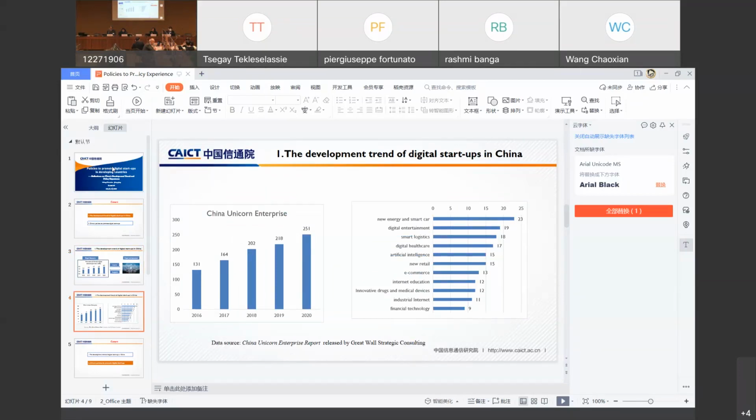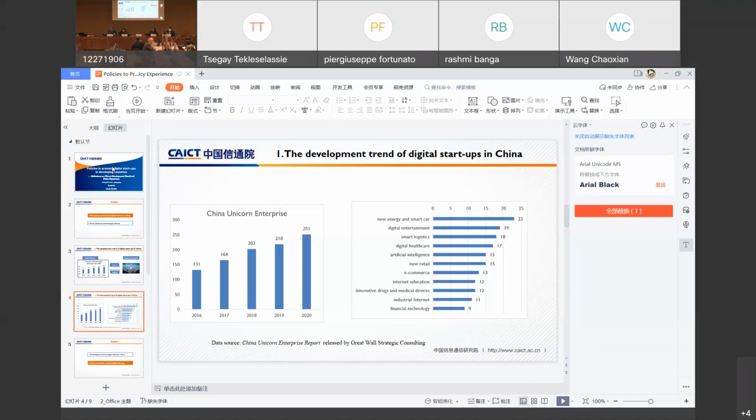What's more, the digital economy unicorns are distributed in almost all sub-industries, such as digital entertainment, smart logistics, digital healthcare, artificial intelligence, new retail, e-commerce, industrial internet, and financial technology.